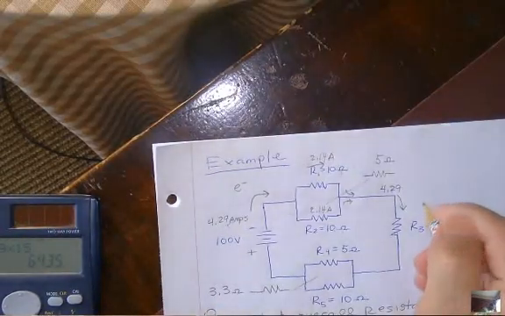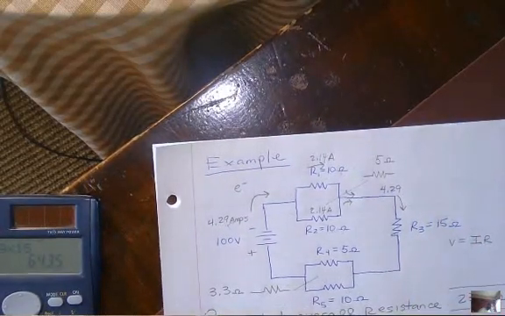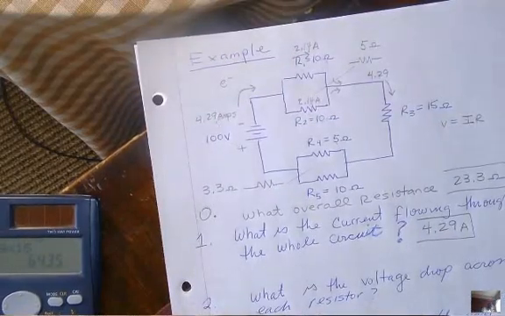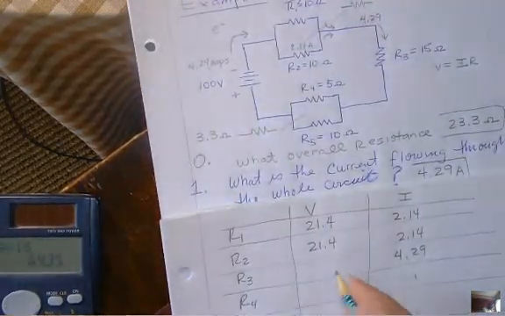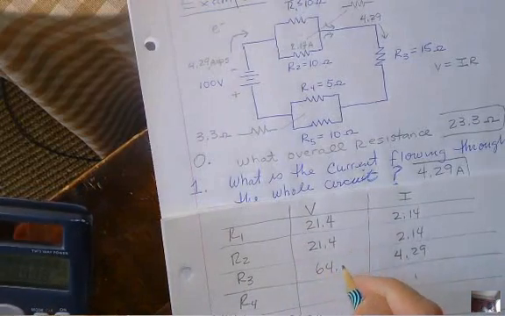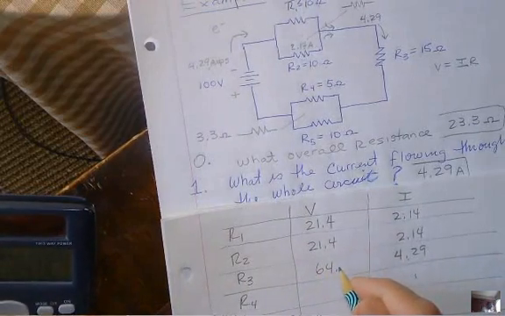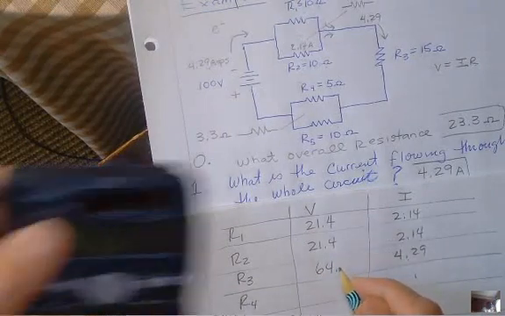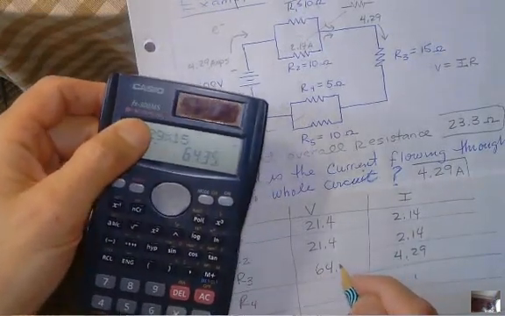So how much is going to get lost over here? I'm going to round it, 64.4.